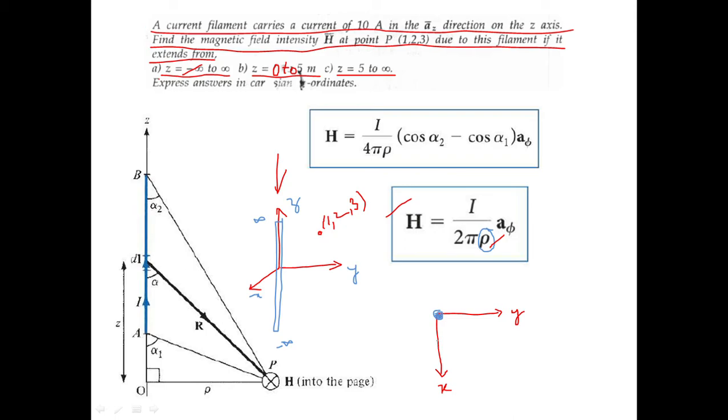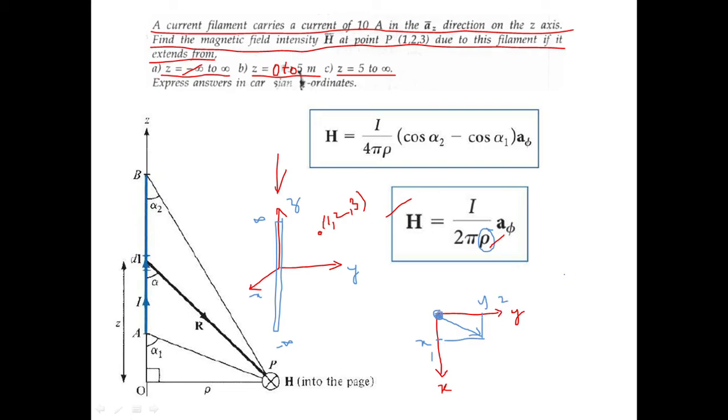So this will be 1 and this will be 2. When you join these two lines and find the resultant here, that will give you the perpendicular distance rho, right? So this is nothing but x and y, that is, in the problem it is 1 and 2, right?